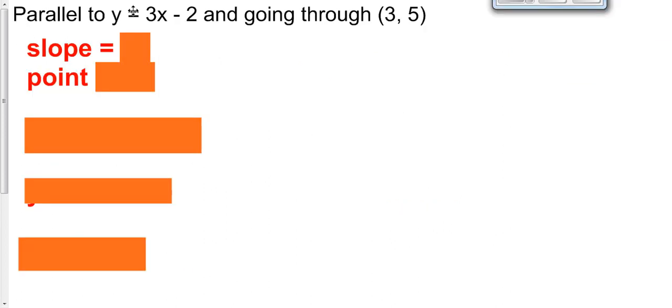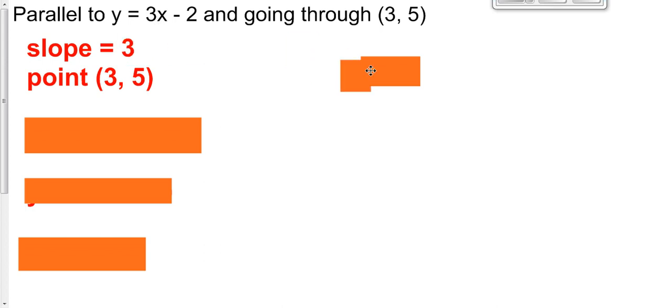On this one here, we want the equation of a line that's parallel to this one here, and then going through this point. So we have our point. Now, in this case, our y is on one side all by itself, so we don't need to do any work ahead of time. When y is by itself, the number in front of x is your slope, so our slope is 3.